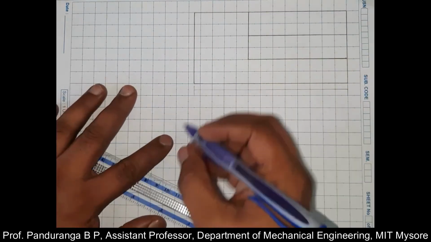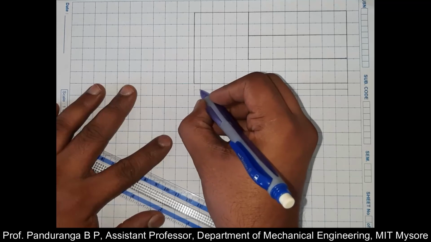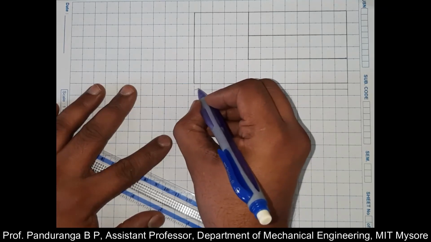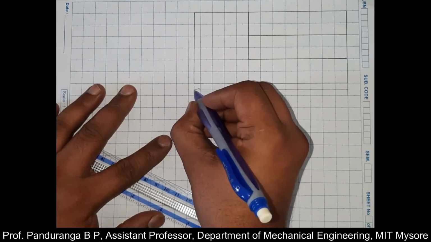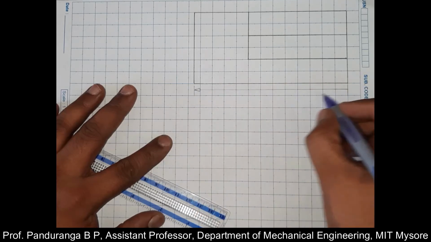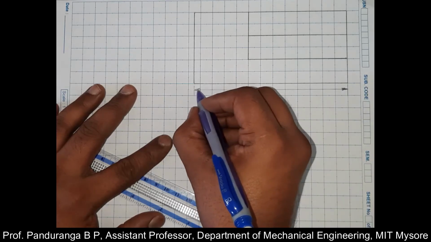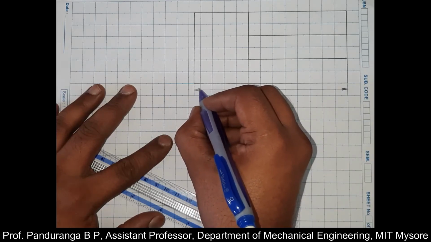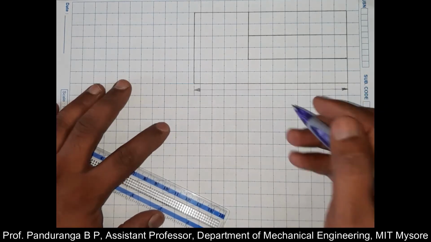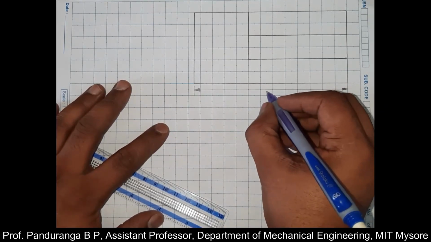Once I have constructed this, I need to draw an arrowhead at the end. So this arrowhead should be of ratio 1:3. So if I draw 1 millimeter in the vertical direction, then the horizontal distance should be 3. After drawing this, I'll write the dimension below that.